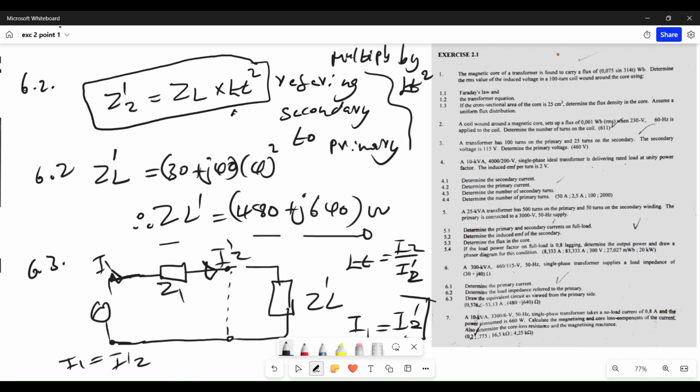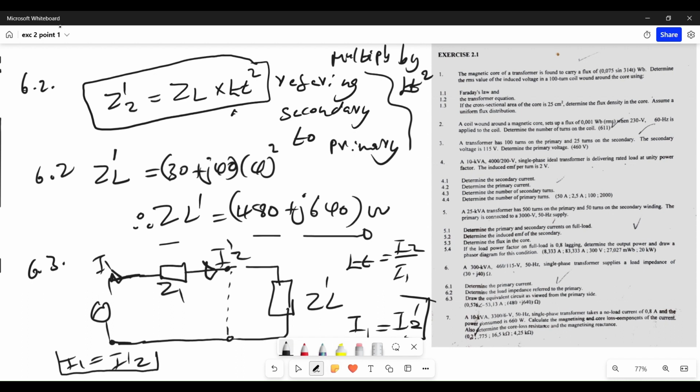This makes I1 equal to I prime 2, which also makes our KT equation I2 over I1, which is what we used in solving this question. That's why I'm saying this circuit is the proper circuit for 6.3.